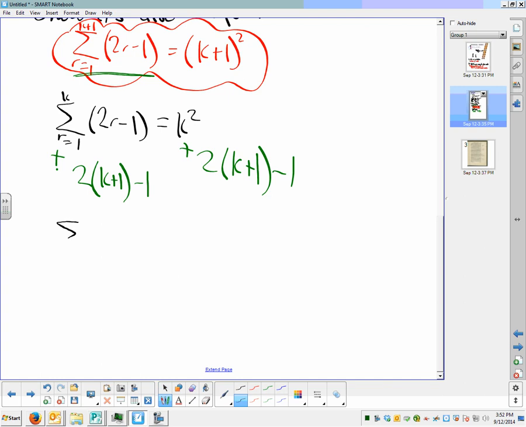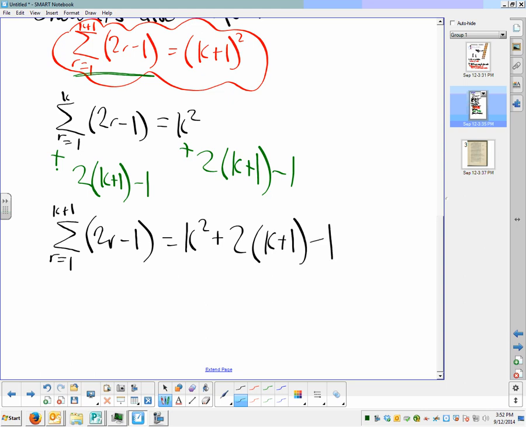And we get, well, obviously, the left-hand side is just adding the odd numbers up, so I get what I want over here. I've added the next odd number. On the right-hand side, k squared plus 2 brackets k plus 1 minus 1. So I'm going to rearrange that a little bit.